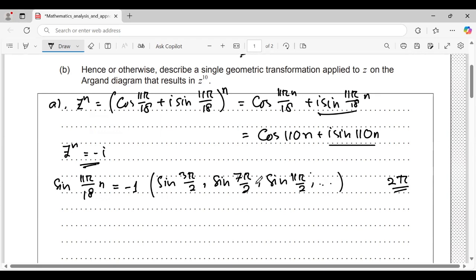So based on this, 11 pi n over 18 equals 3 pi over 2, or 7 pi over 2, or 11 pi over 2, and this is a sequence with the formula 3 pi over 2 plus 2 pi k. So based on this formula, we are going to find n.